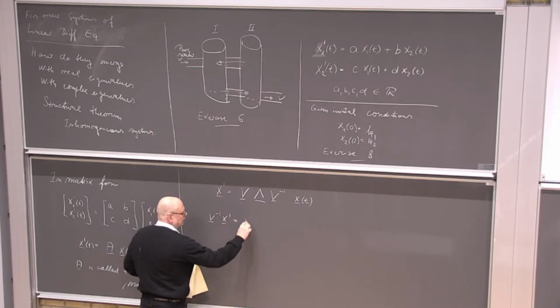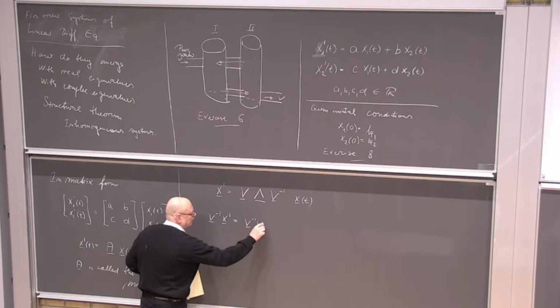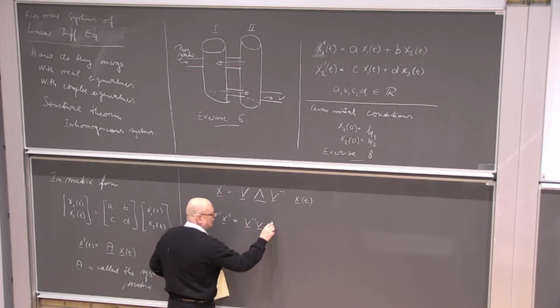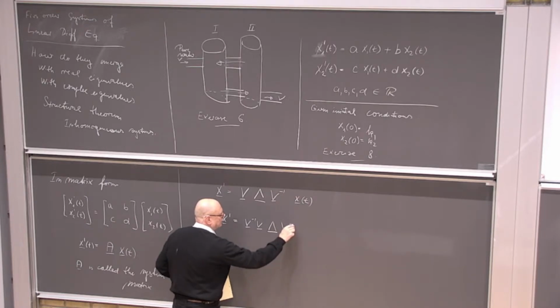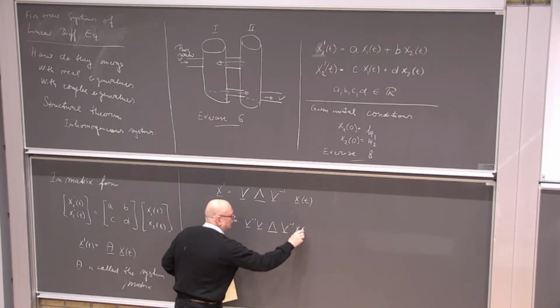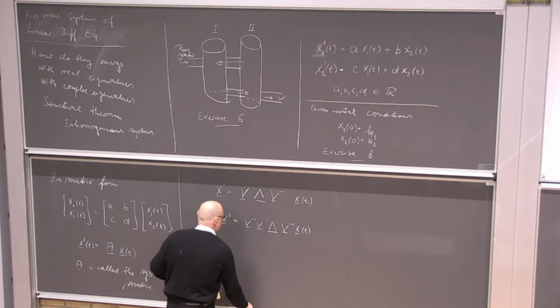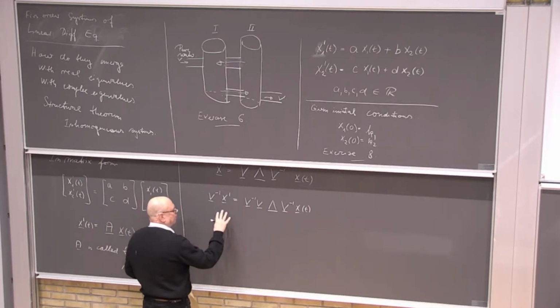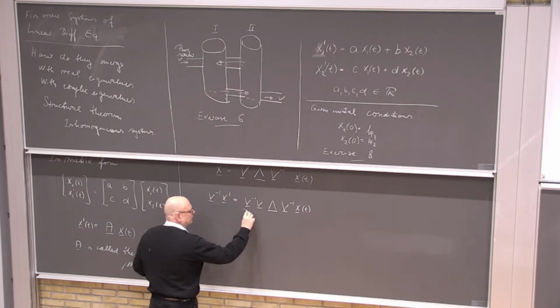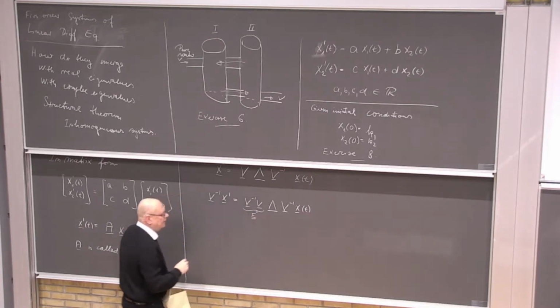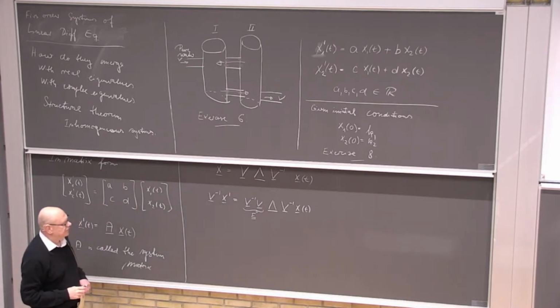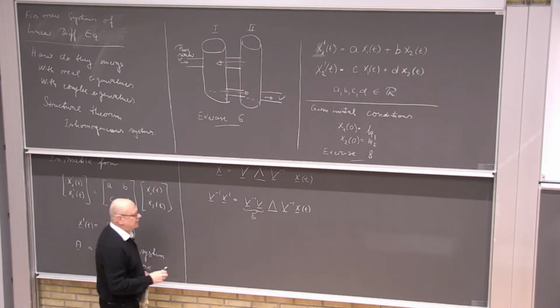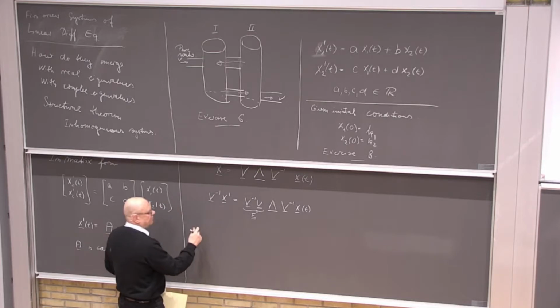Then I get, and let me, this one here is the identity matrix, and this won't change the system.